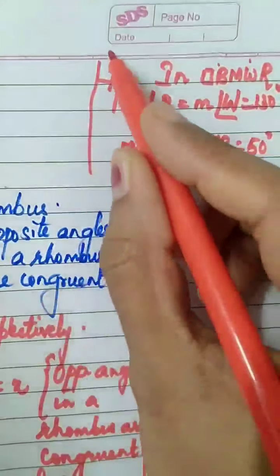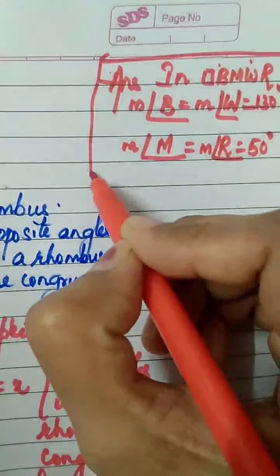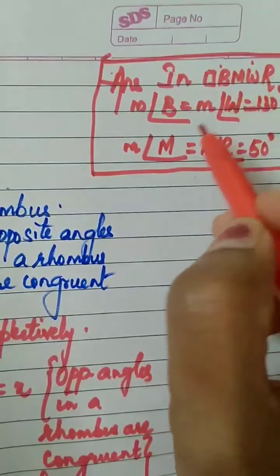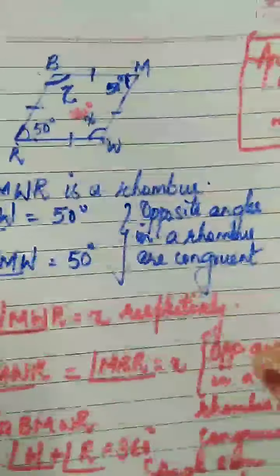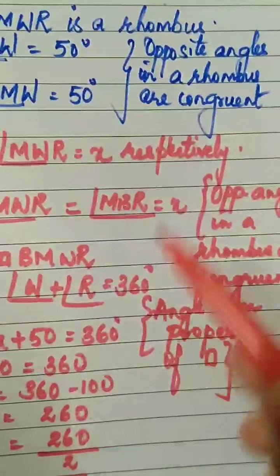So we denoted all four angles of the rhombus, and we have specified proper reasons also.